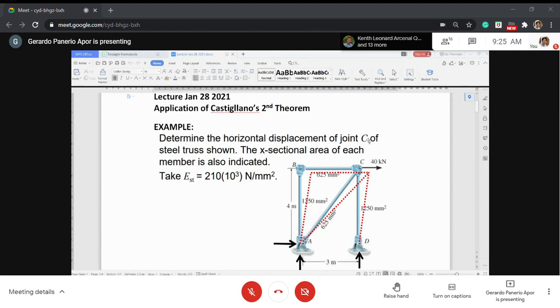Of course, when you assume, you have to exaggerate a little, or else you cannot see the difference. Because in actual, we do not build a structure that will really deform a lot. In fact, you can barely see the deformation with your naked eye.